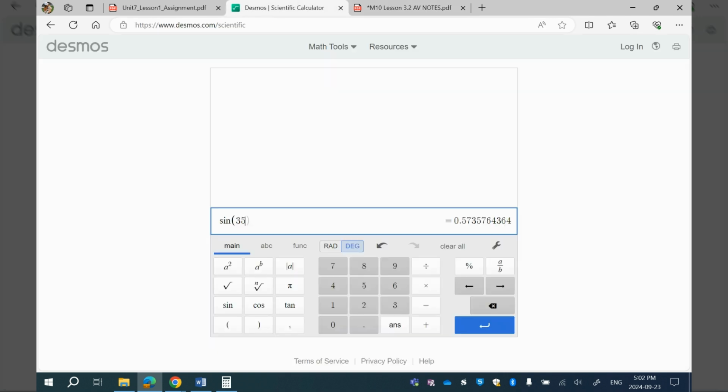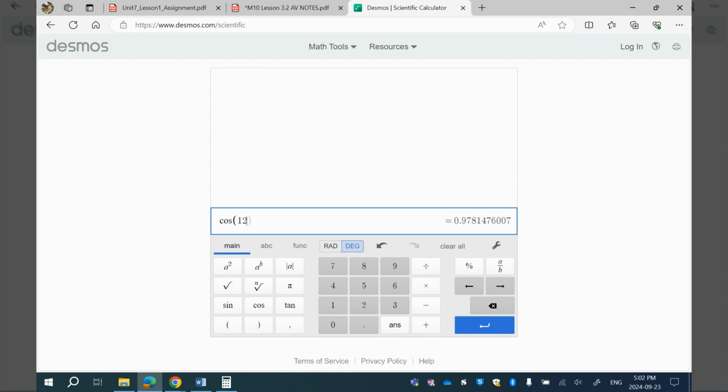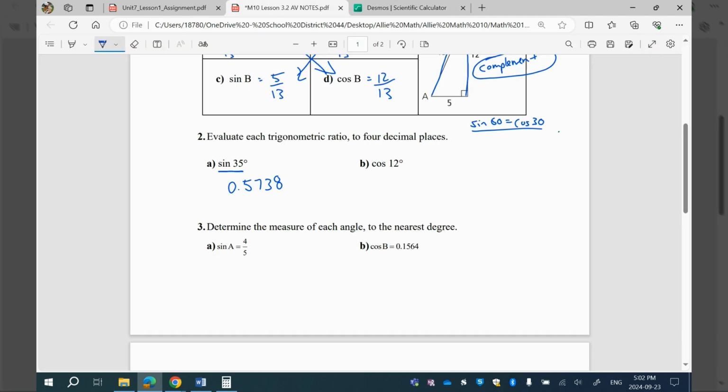We're going to use cosine this time. Cos 12 is 0.9781. So it's just a calculator question.